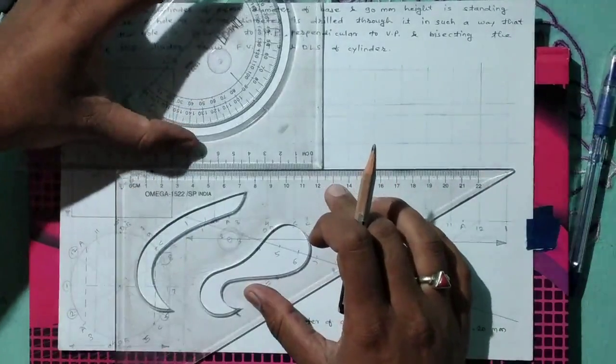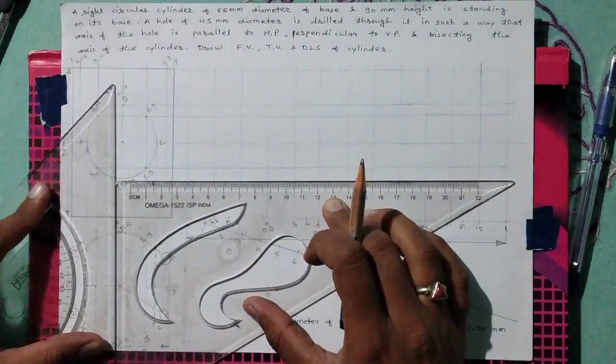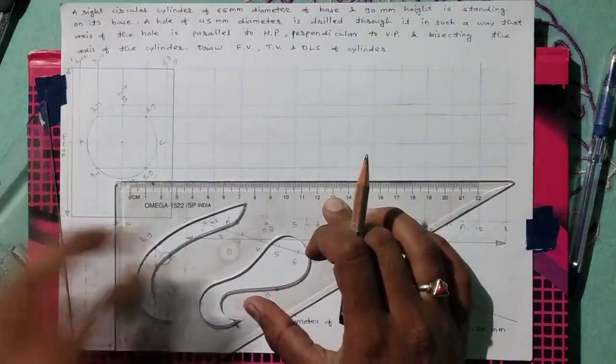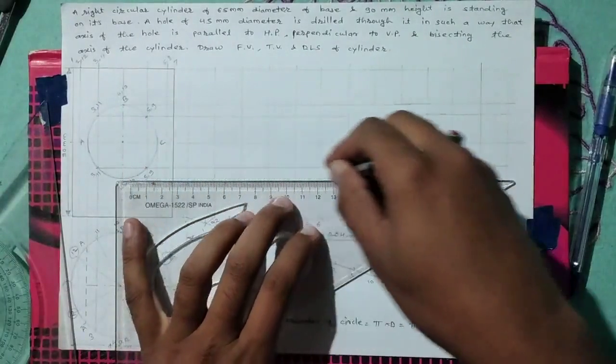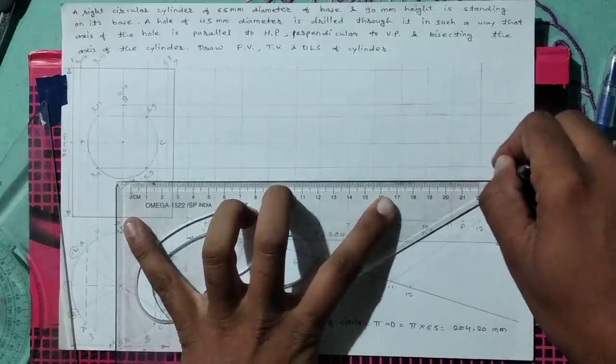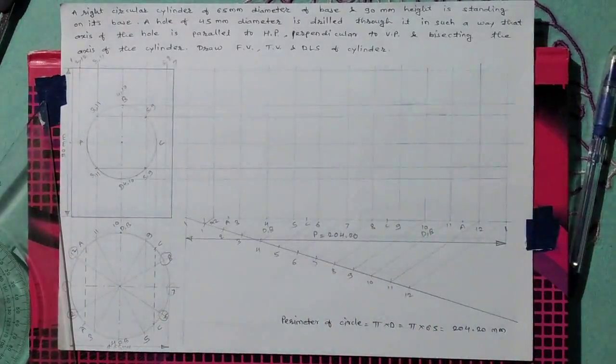After that, the last projection is from this point, that is point D. The last projection we have taken from point D. So that we have to take the points of the profile.